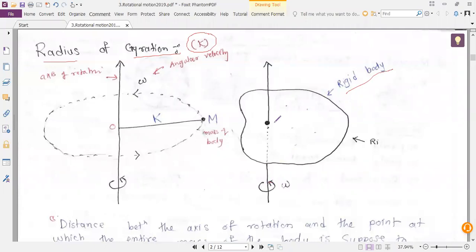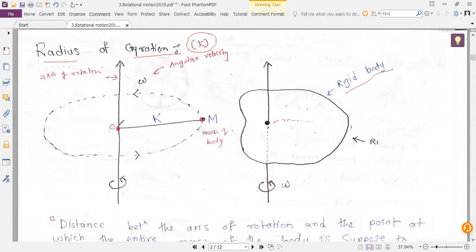Now, with this axis, we are searching for a place where the whole body's mass can be considered concentrated. Suppose from the axis of rotation O, I get that point M. Now from this point, my whole body mass is balanced.